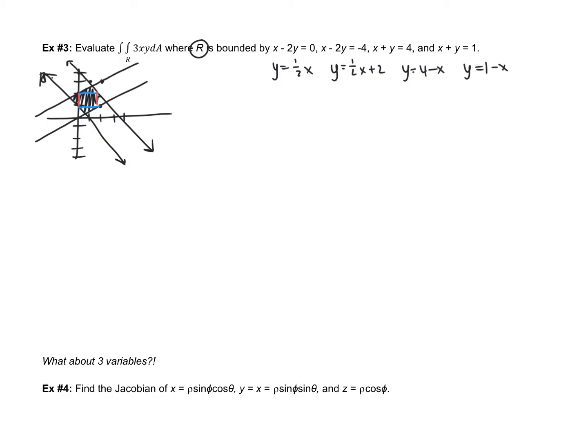Now, if we look back at these equations we've been given, you notice that x minus 2y comes up twice, and x plus y comes up twice. So that would lead us to the idea that maybe we let u equal x subtract 2y, and we let v equal x add y. So then we know that our u is between 0 and -4, and our v is between 4 and 1.